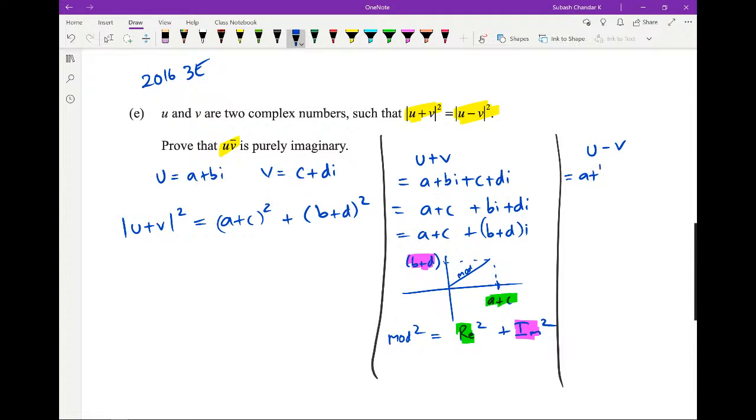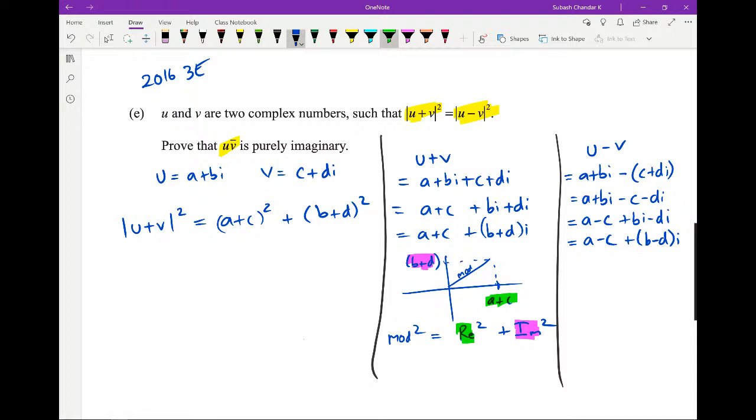So it's going to be A plus BI minus C plus DI. Expanding the bracket, I'm going to get A plus BI minus C minus DI, which is equal to A minus C plus BI minus DI. Keep going, A minus C plus B minus D I.